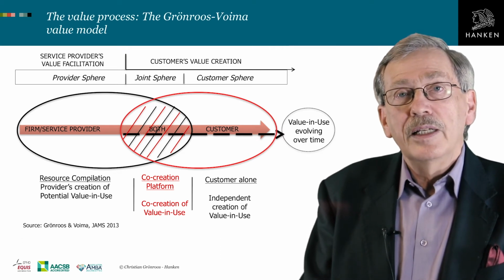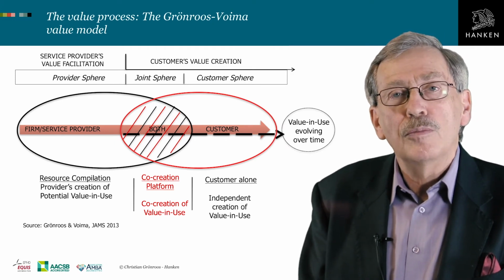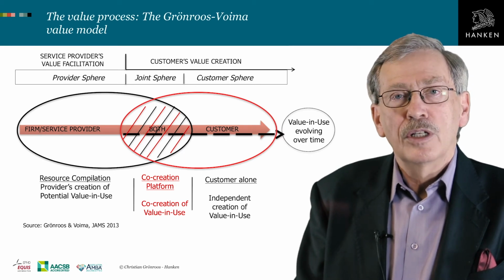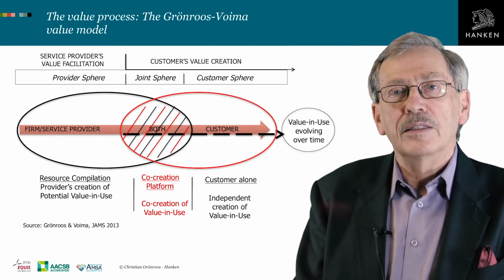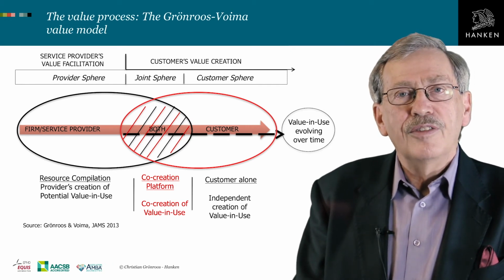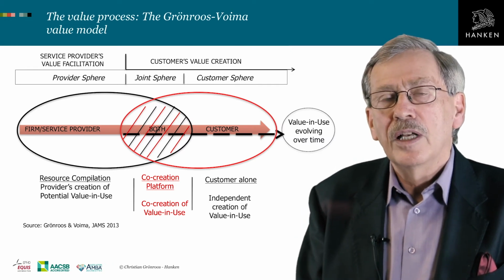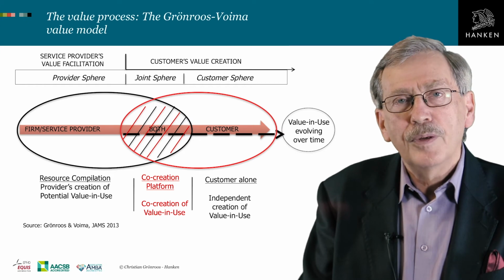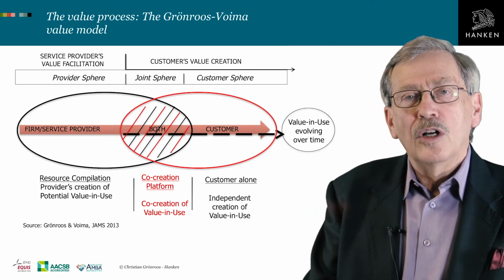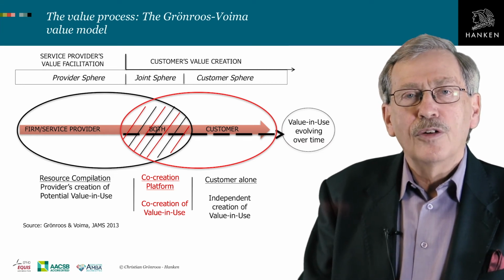And then in the customer sphere, the customer is alone, still consuming. The customer's voyage as consumer continues. And that is an independent creation of value in use. So we can see here value in use evolves over time. It doesn't exist at any particular point of time. Now this is a process of value that is usable on a micro level for a manager and therefore helpful.